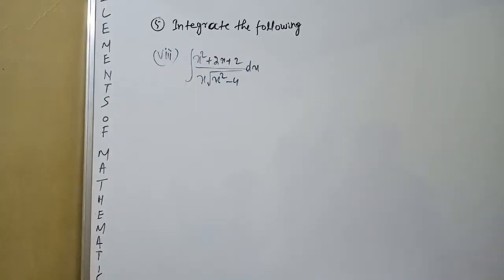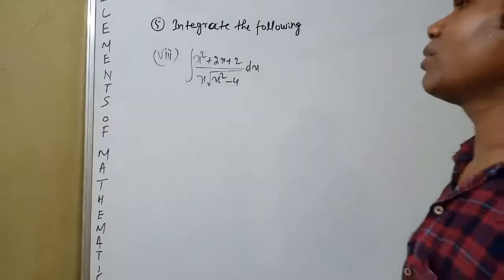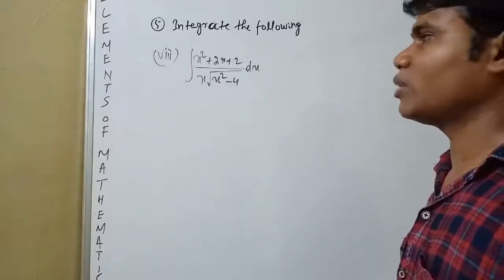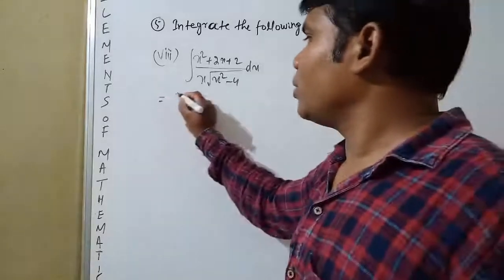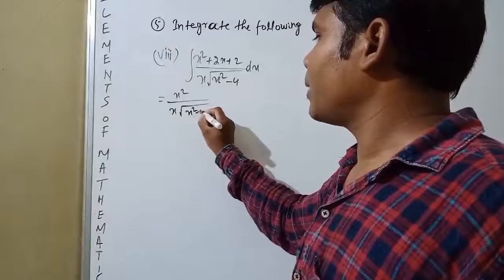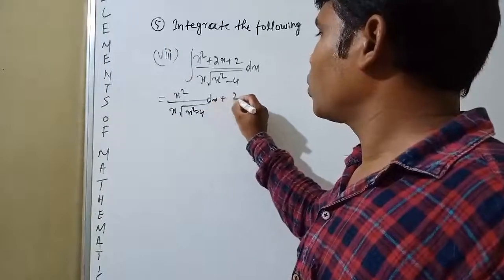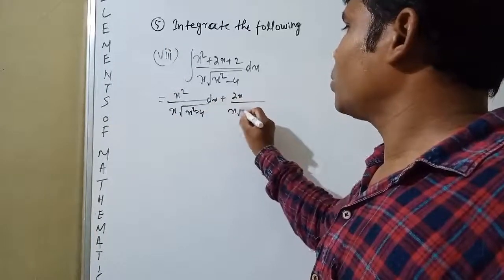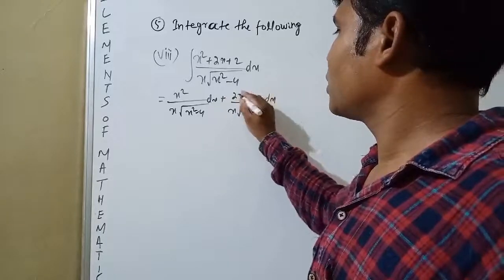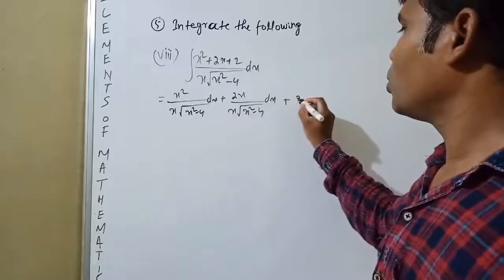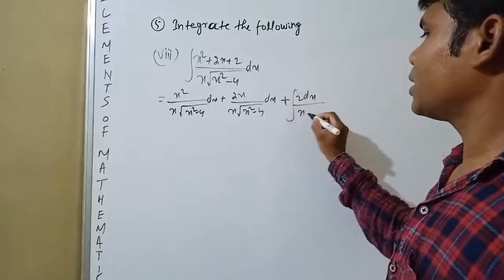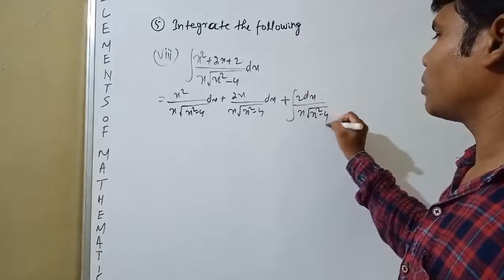You see the next question, integration of x square plus 2x plus 2 dx by x root over x square minus 4. Okay, is equal to x square by x root over x square minus 4 dx plus 2x by x root over x square minus 4 dx, okay, plus 2 dx by x root over x square minus 4.